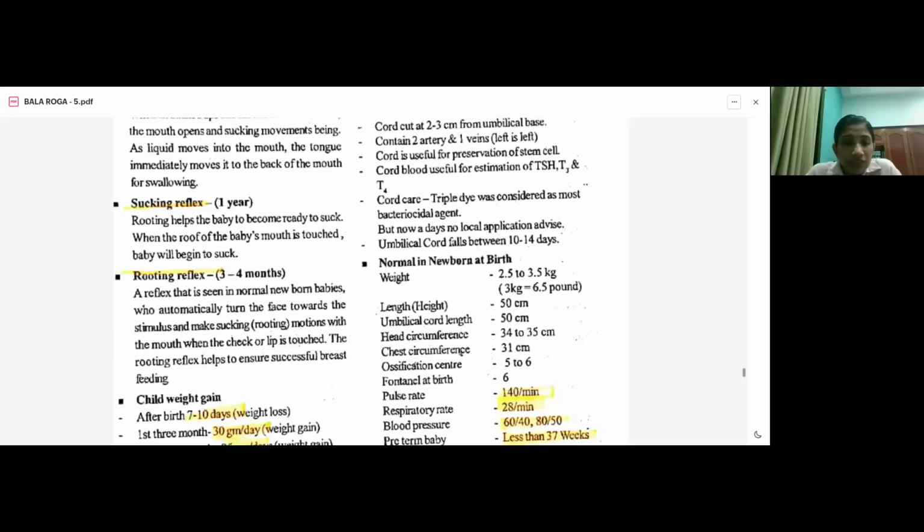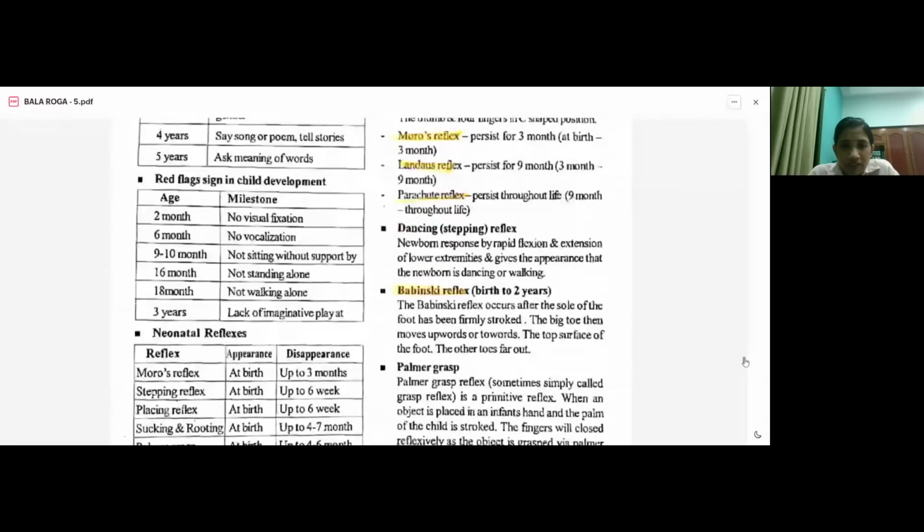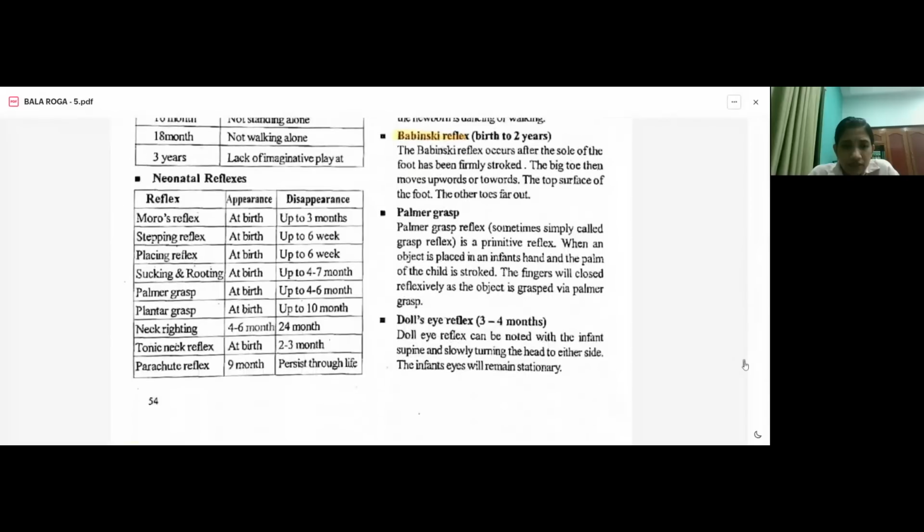The baby turns the face towards the stimulus and makes a sucking, that is rooting, motion with the mouth when the cheek or the lip is touched. If we touch the angle of the lip, he turns his face towards it. That is known as the rooting reflex. So the sucking reflex, rooting reflex, parachute reflex, Babinski reflex, and Moro's reflex are very important.